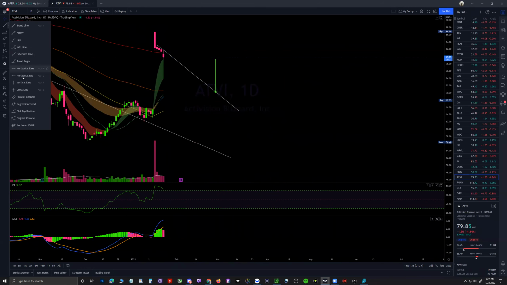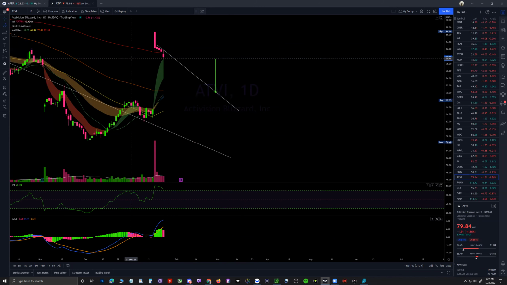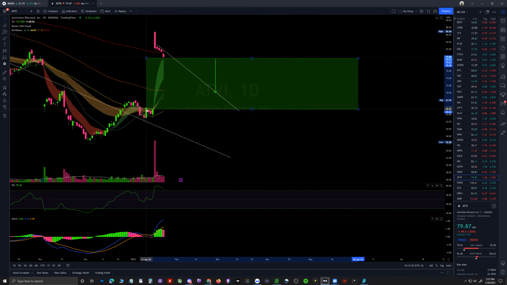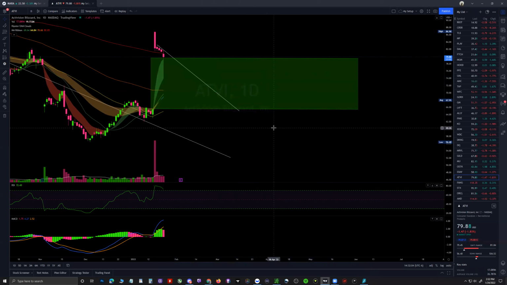So let's draw this real quick. Remember, you go from bottom of wick to top of wick on these gaps. So that's what we're looking at for that gap. That's a massive gap.